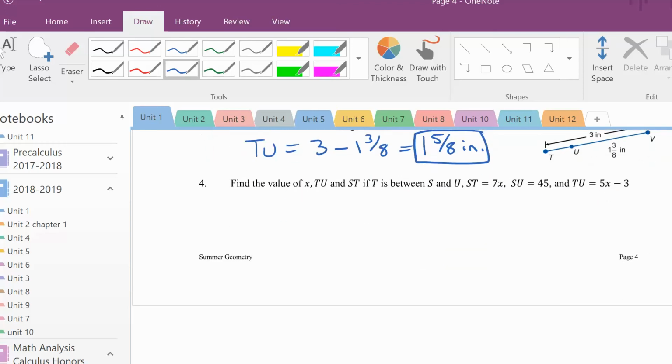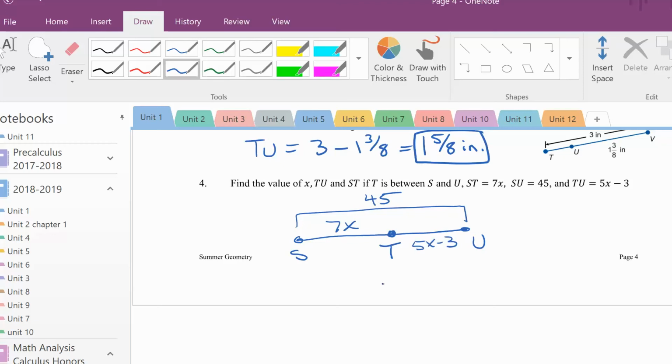So if you're talking about this in terms of variables, it says T is between S and U. So if we draw a line segment SU, T is somewhere between, we don't know where. But we do know that ST is 7x. We know that SU, the whole thing, is 45. And we know that TU is 5x minus 3.